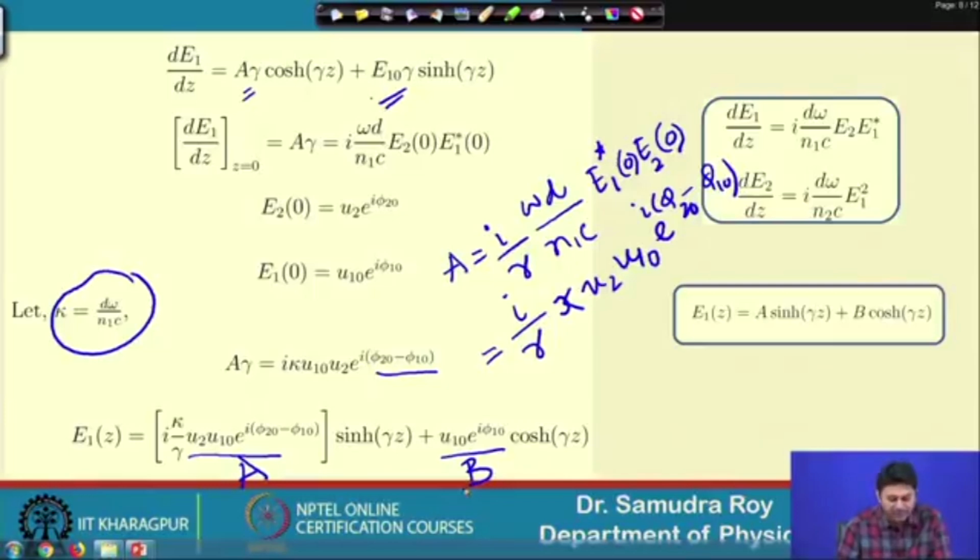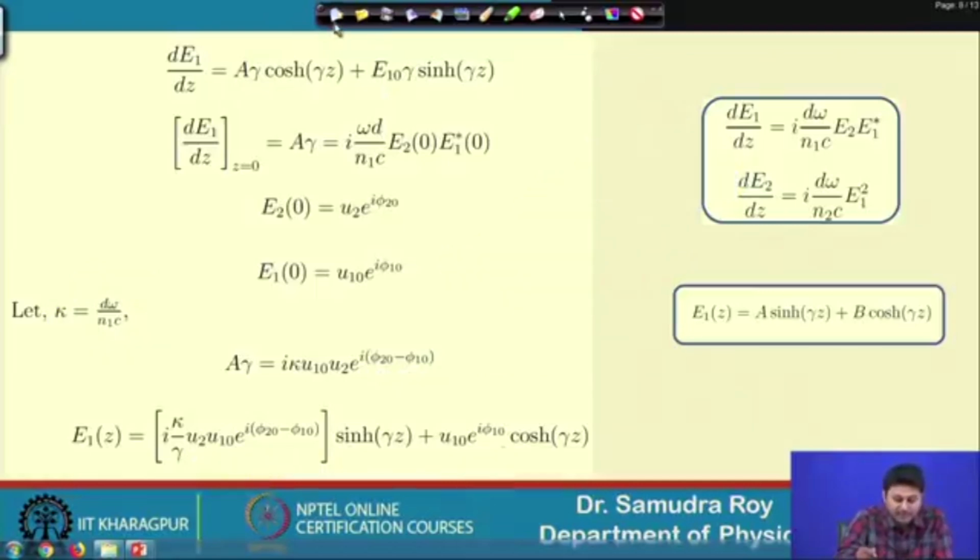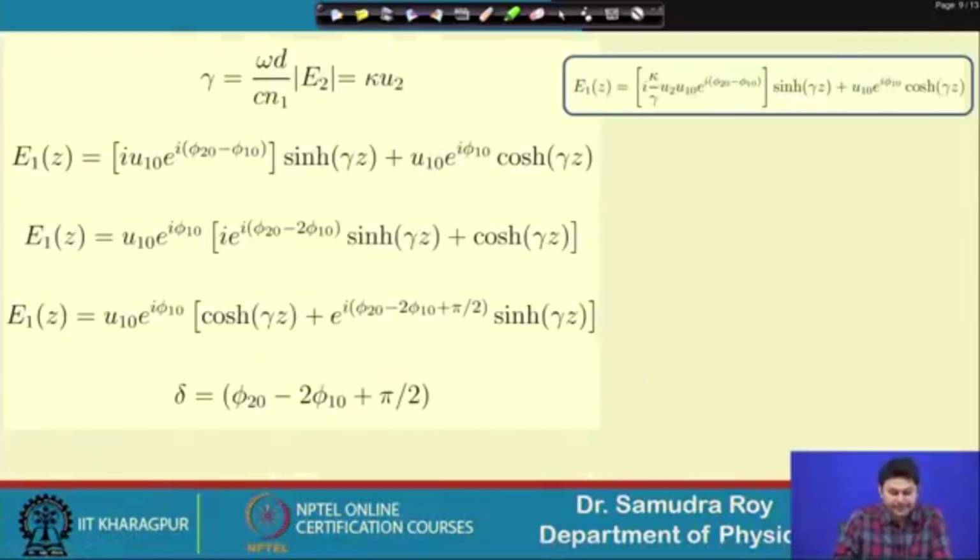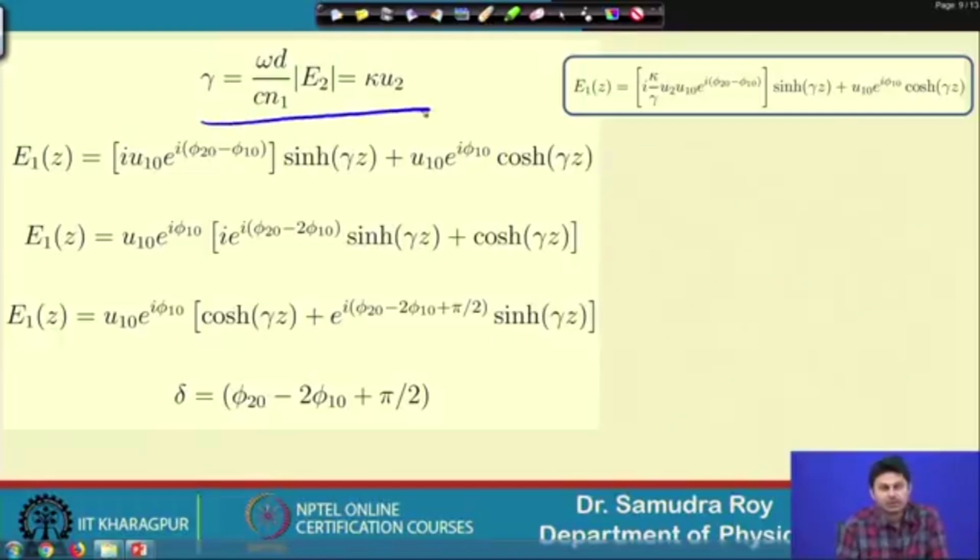It looks quite complicated right now, but we will see it is not that complicated as it looks. It can be simplified, and when it is simplified, then we have a very nice physical implication out of this expression. So, here we will see that gamma is equal to this value. By definition, we have already defined this gamma before.